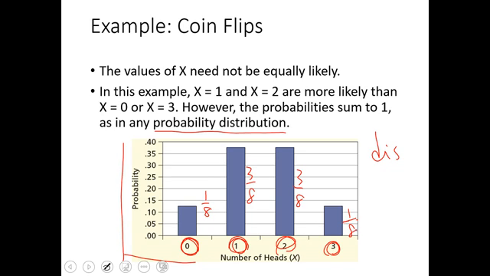So it is probability of 0, probability of 1, probability of 2, probability of 3.